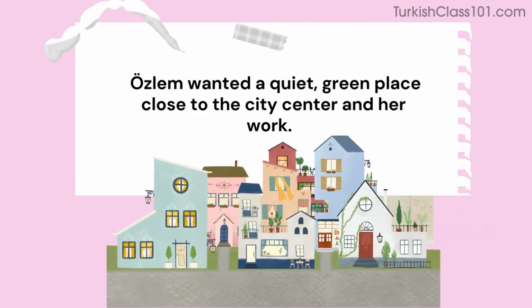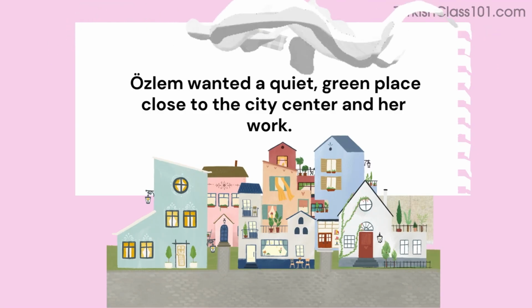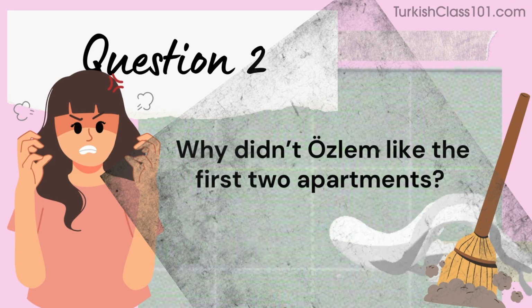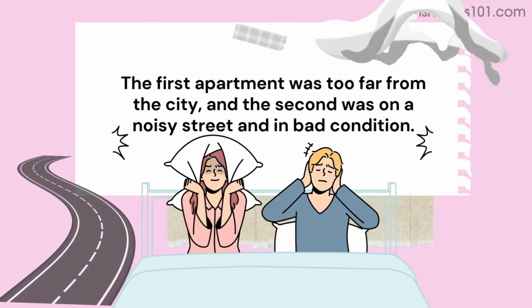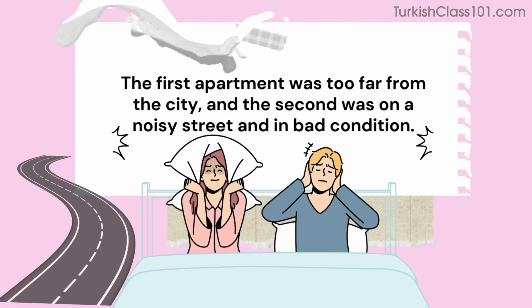Özlem wanted a quiet, green place close to the city center and her work. Why didn't Özlem like the first two apartments? The first apartment was too far from the city, and the second was on a noisy street and in bad condition.